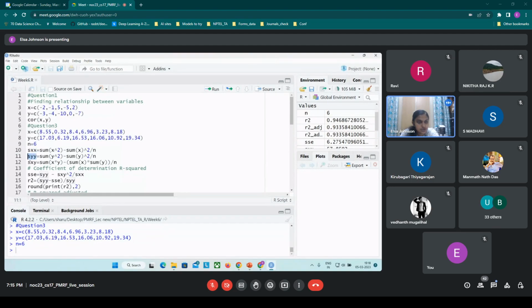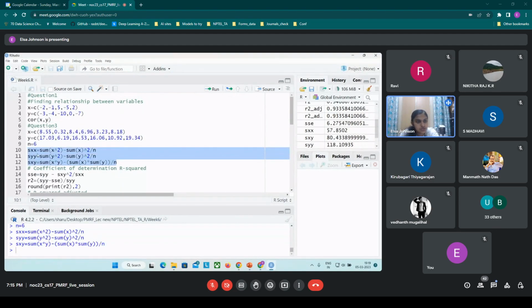How do you calculate it? This is just the equation: sum of x squared minus the sum of x whole squared by n, and SYY, like this. I think you are familiar with this.